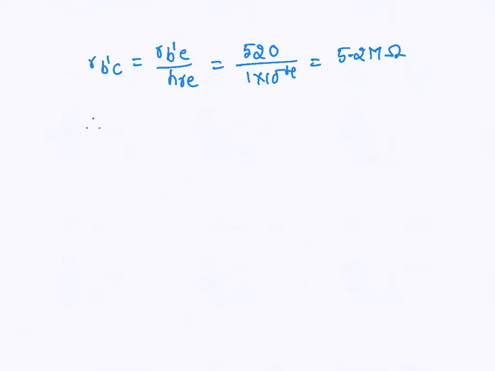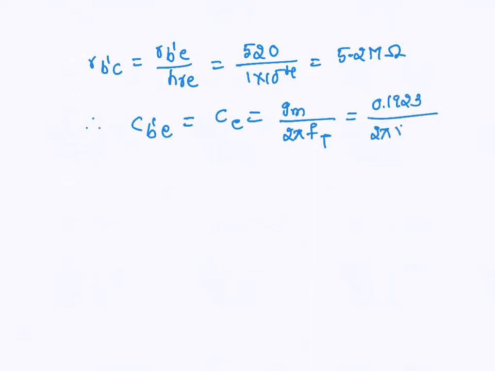And here we have to calculate CB dash E. The CB dash E formula, which is also called CE, equals GM by 2 pi FT. The GM value we have already calculated, that is 0.1923. 2 pi FT has already been given in the question as 10 power 6.